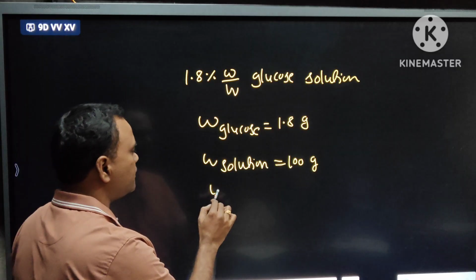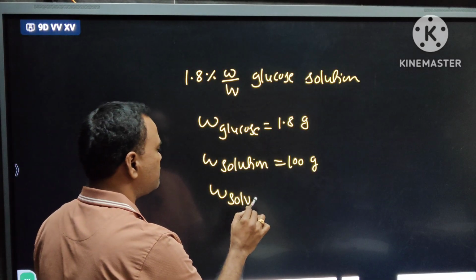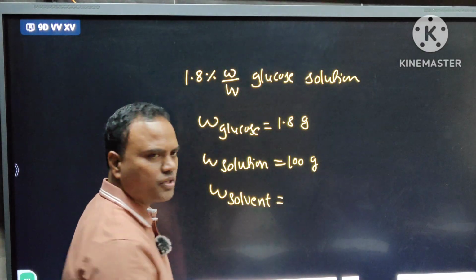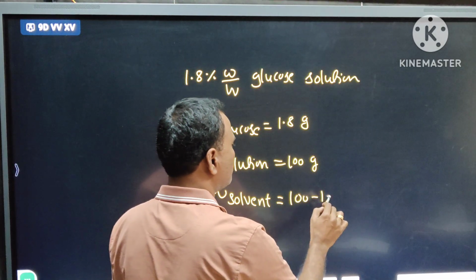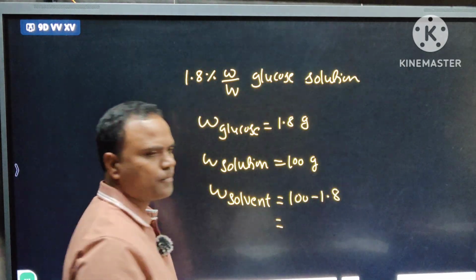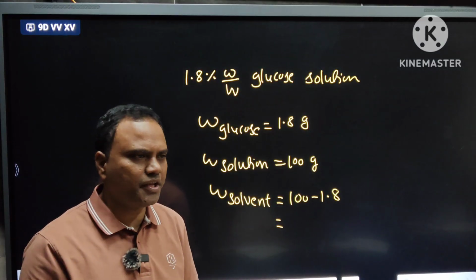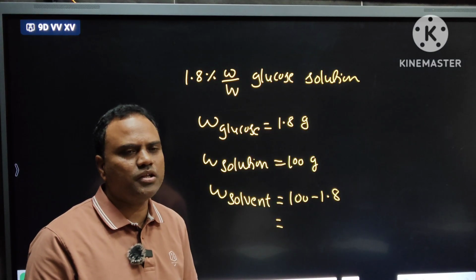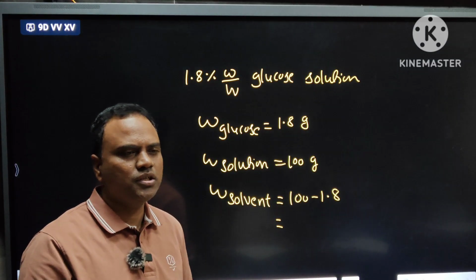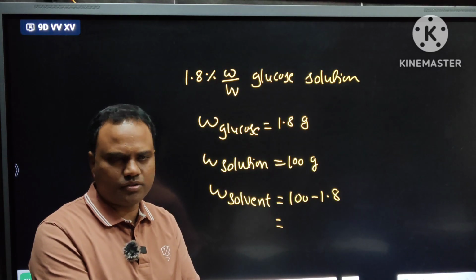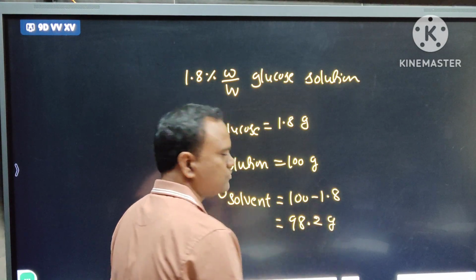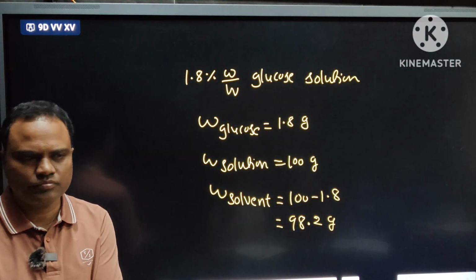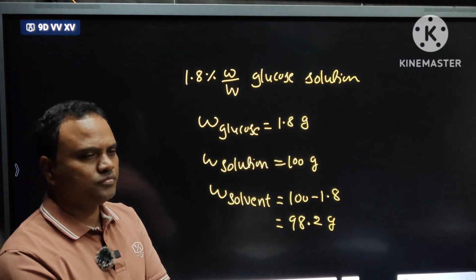Then weight of solvent: 100 minus 1.8. 100 minus 1 is 99. Then 99 minus 0.8, 98.2. Right.